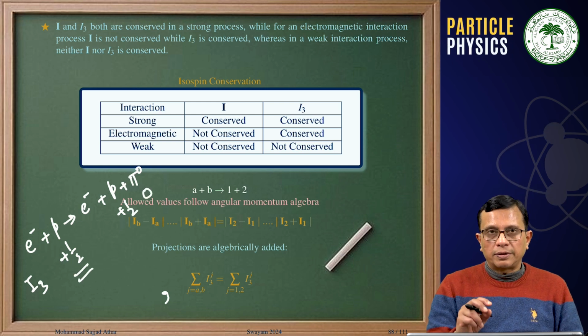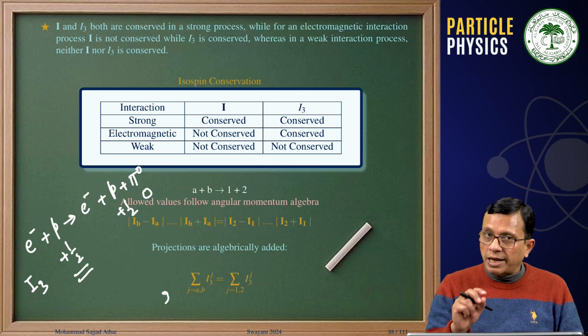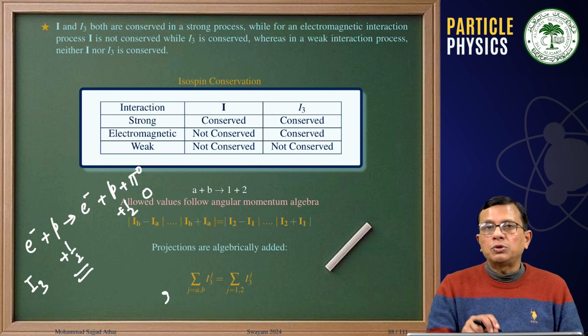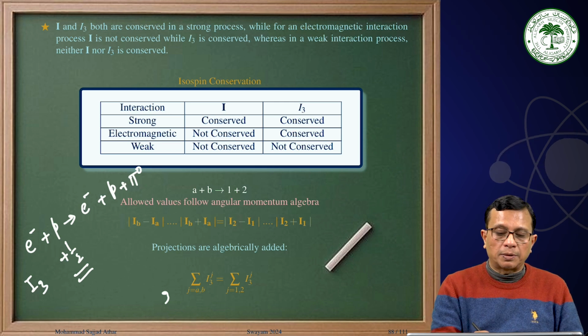Therefore, you are conserving I3 as well as I, but since electron is there, which does not participate in a strong interaction process, therefore this has to be an electromagnetic interaction process.